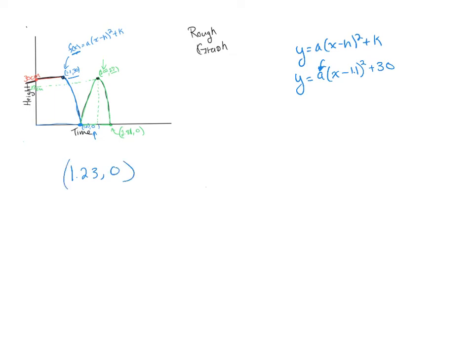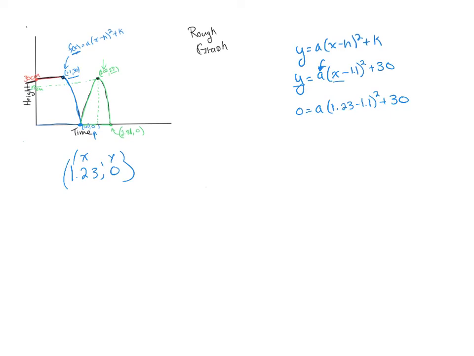1.230. This is an actual x and y value that I can plug into my equation. So here's my x value, here's my y value. So I'm going to plug it into my equation and then solve for a. So I have y is going to be equal to 0. Then I'll have x is going to be 1.23 minus 1.1 squared plus 30.